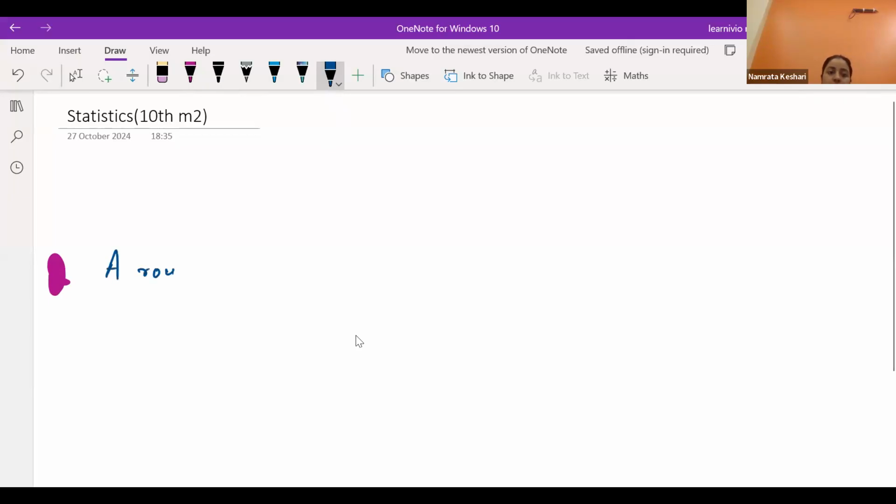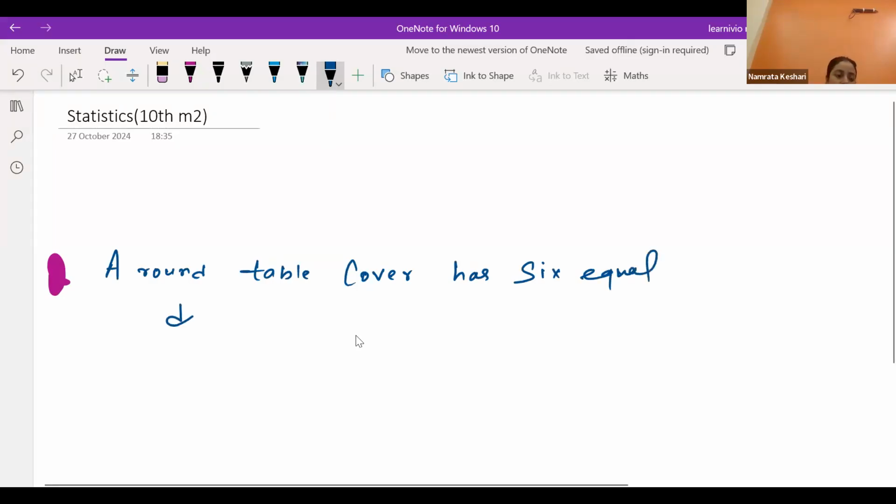A round table cover has six equal design as shown in the figure.